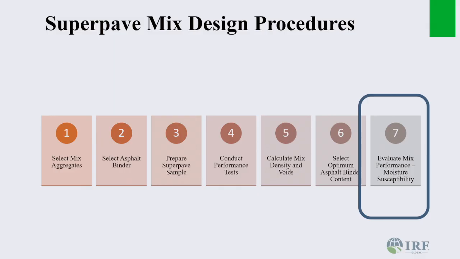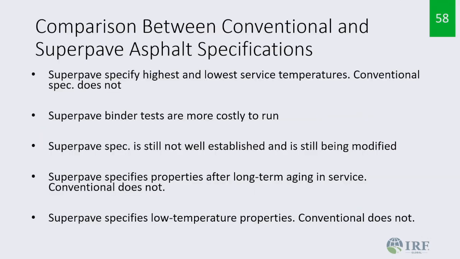It's an improvement, and I want to emphasize a few things that we've learned over here. The difference between the conventional and the SuperPave mixes. One, SuperPave specifies highest and lowest service temperatures. I think that one we are all clear about. The conventional does not.